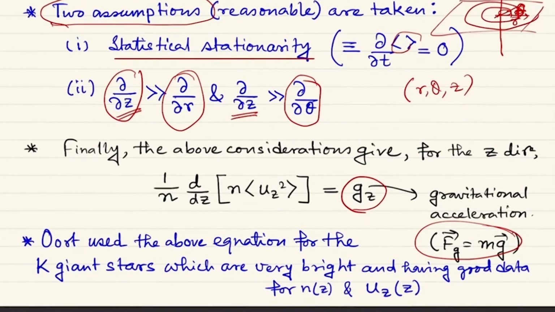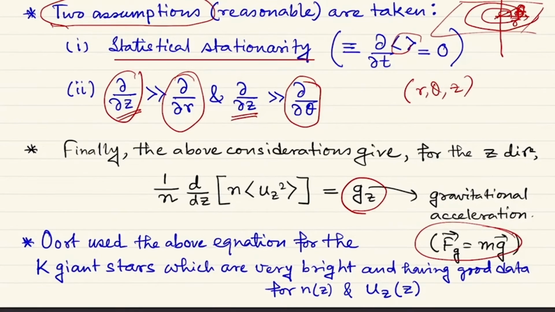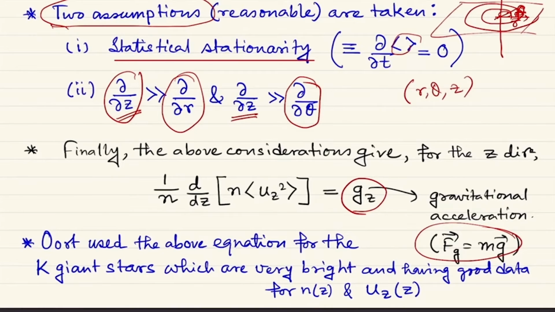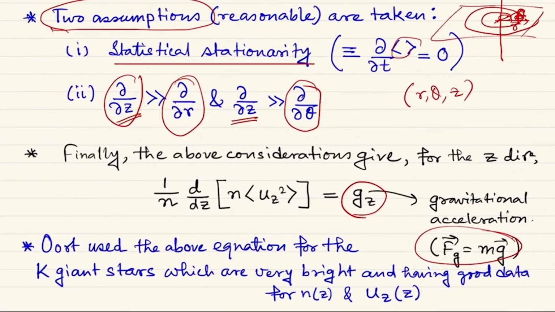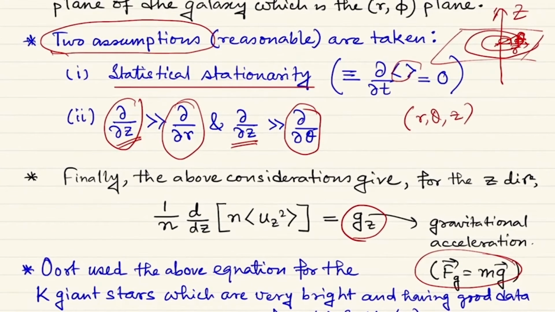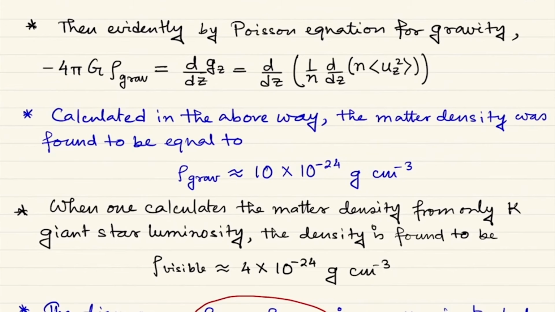He had also another reason for that, because at that time when he did this experiment, the astronomers had some good data for the z profile of the density and the uz of those K giant stars. Once again, go to the internet and search what they are, K giant stars. Actually we'll see they are the stars which can be seen from very far in the galactic plane.